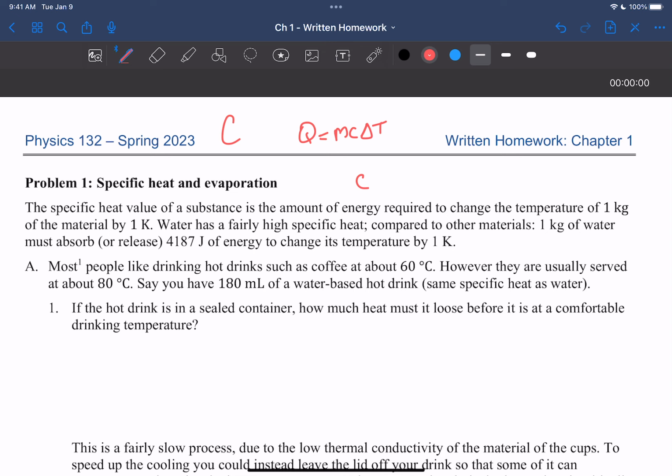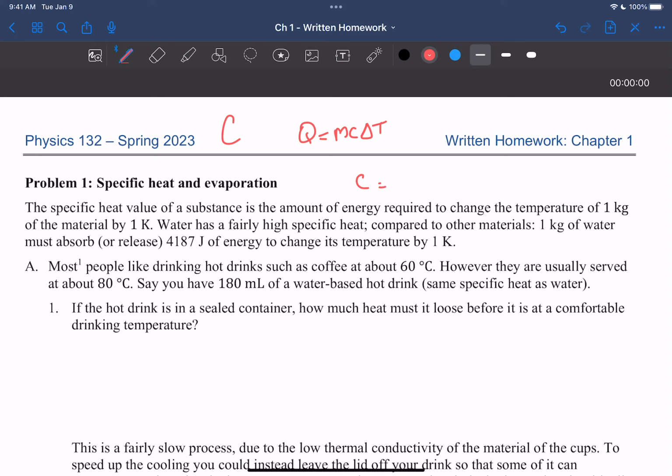That would be the amount of energy needed to change the temperature of a substance by 1 Kelvin without regard to how much of that substance there is, like the mass of it. That's why they call it specific heat capacity, because it's very specific to the amount of the substance there is: the amount of energy required to change the temperature of 1 kilogram of the material by 1 Kelvin.